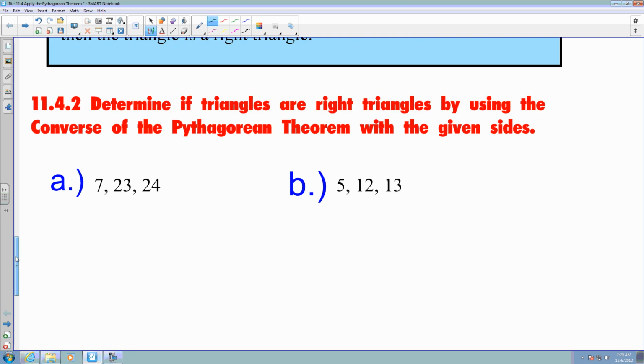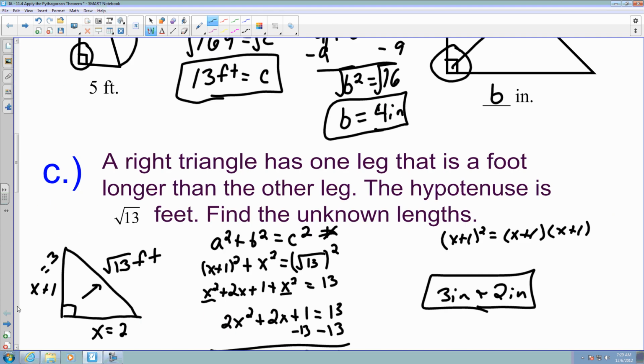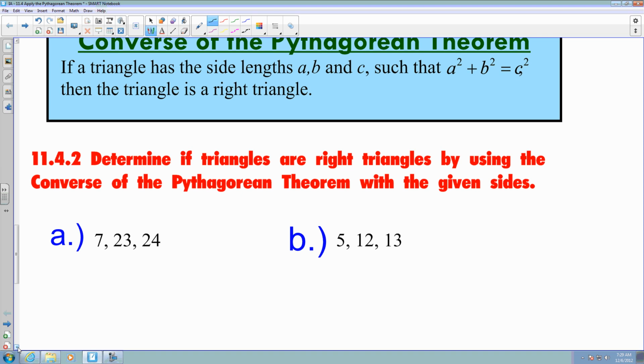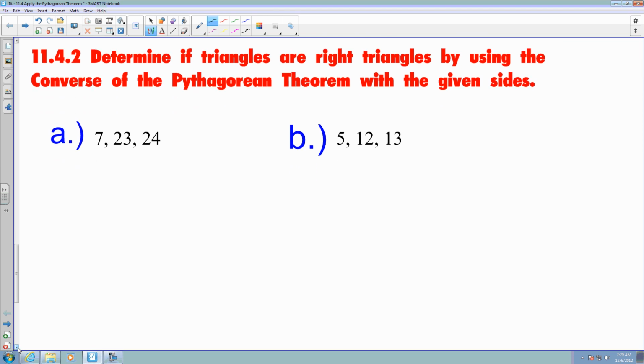So let's look at A here. I have lengths of 7, 23, and 24. Keep this in mind anytime you're using the converse of the Pythagorean theorem and you're given 3 measurements: the largest measurement is always the hypotenuse. So that'll always be your C. So for A, my C is going to be 24.